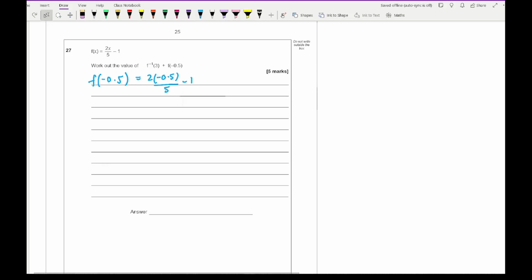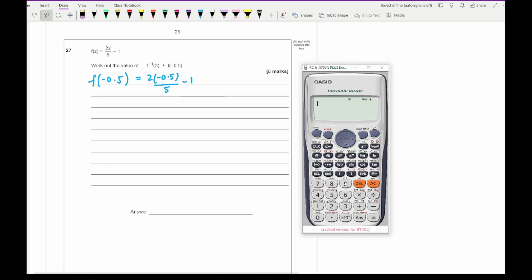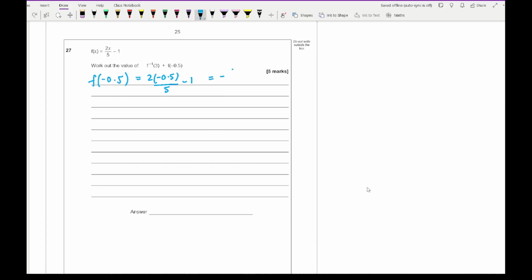If I get the calculator out, I get 2 times minus 0.5 over 5, and subtract 1, and I get an answer of minus 6 over 5. Now for the next one, to work out the inverse function, what I need to do is work out what the formula for the inverse function is going to be. So let me quickly go through the notions.